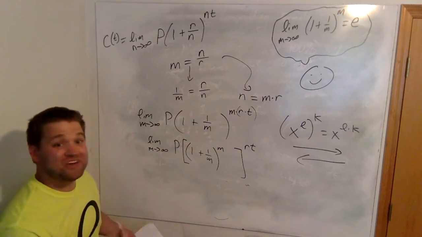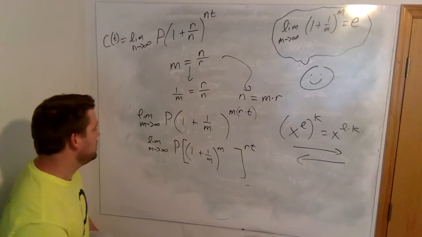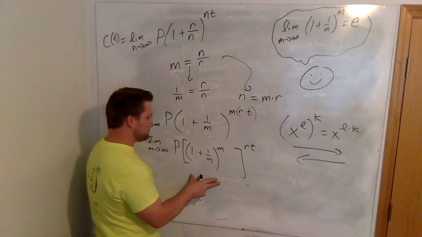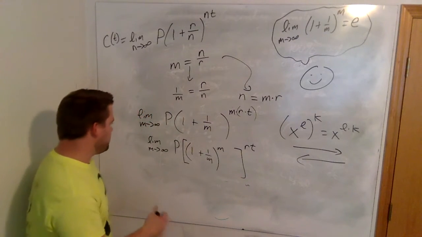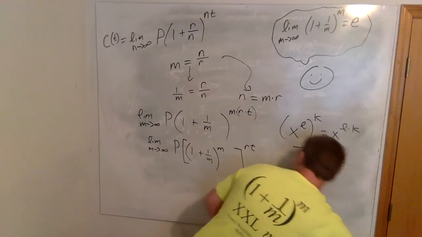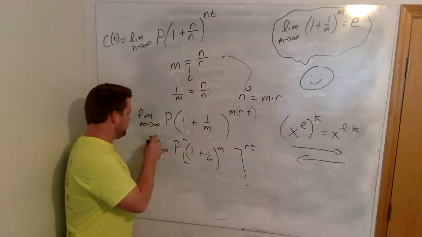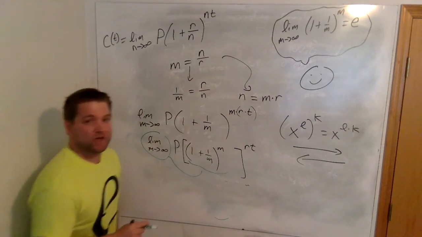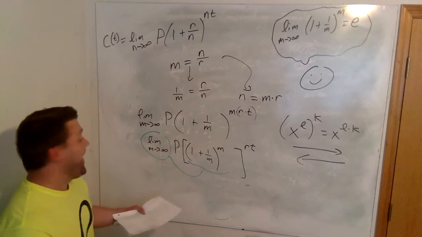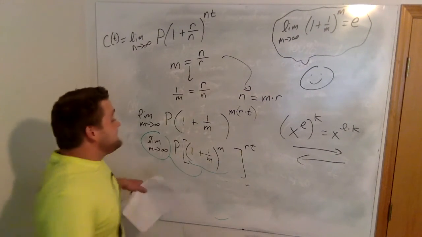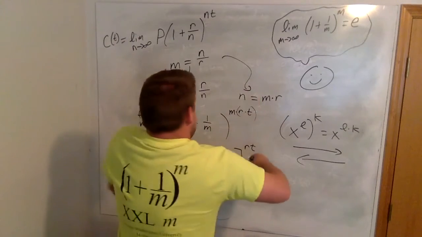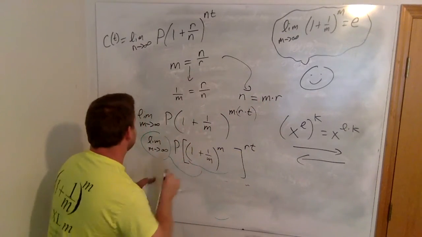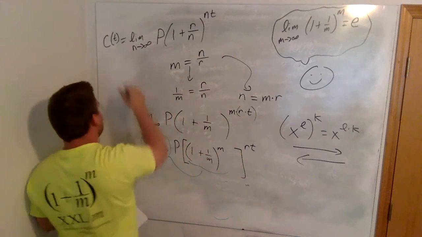Okay, notice that this is very fruitful. If I'm taking the limit as m goes to infinity of this expression, what is this doing? That's e! So what do we have here?